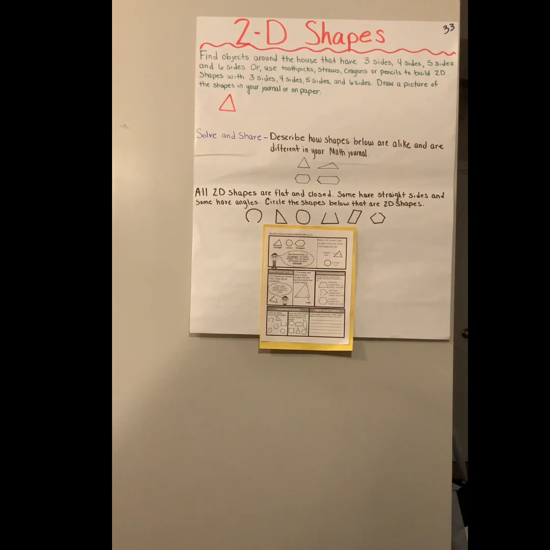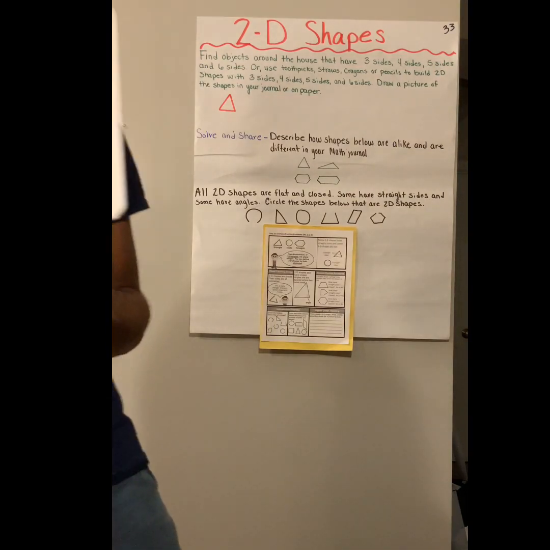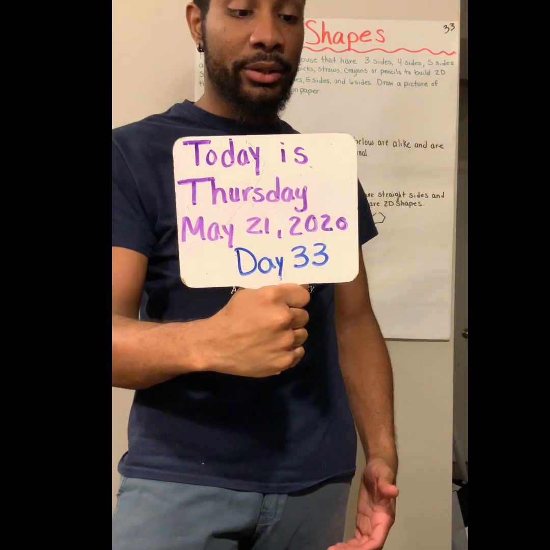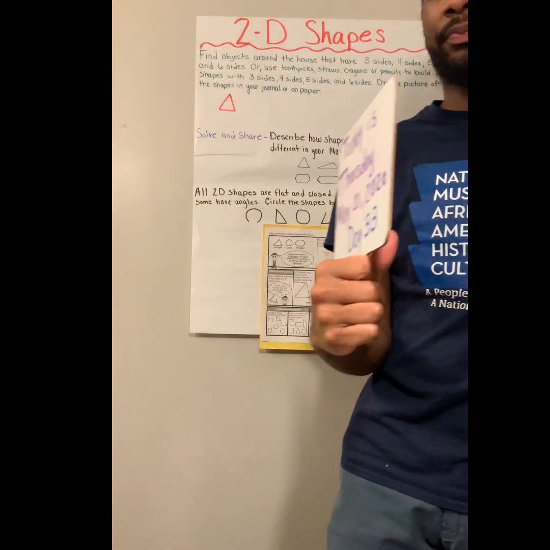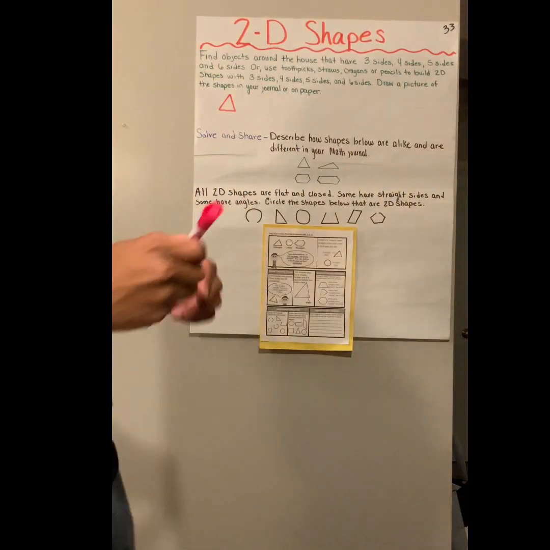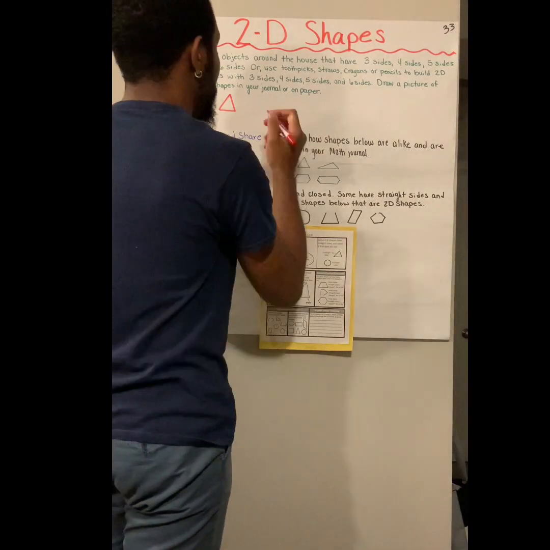My next shape is a square. Okay? A square. So I'm going to draw a square.